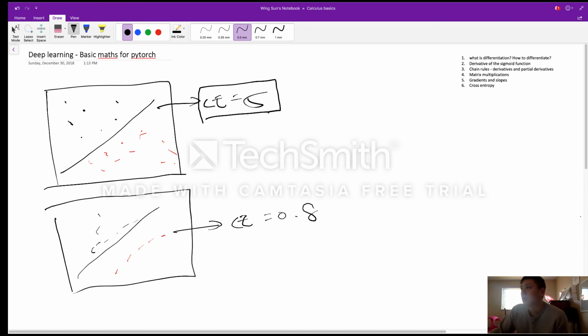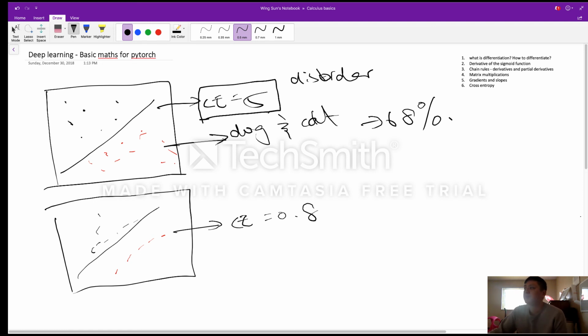right? Now disorder, or entropy, is really saying that there is a lot of misinformation in this system. So say, for example, it's a cat and dog classifier, and you put in an image of a dog and it comes out to be 68%, because the cross entropy is 5.